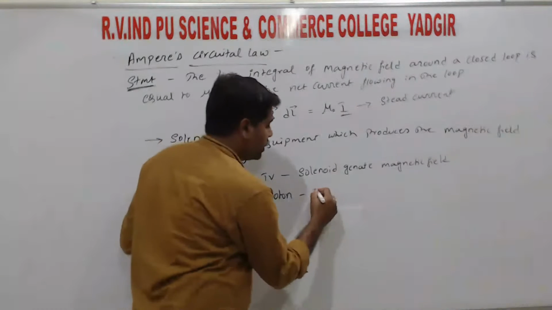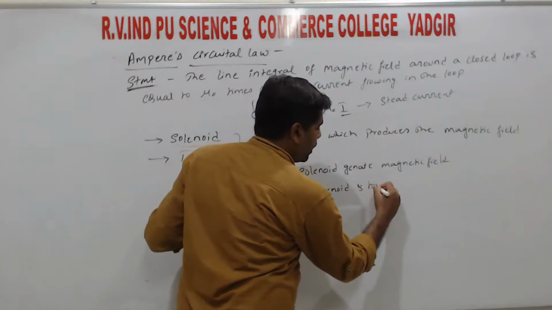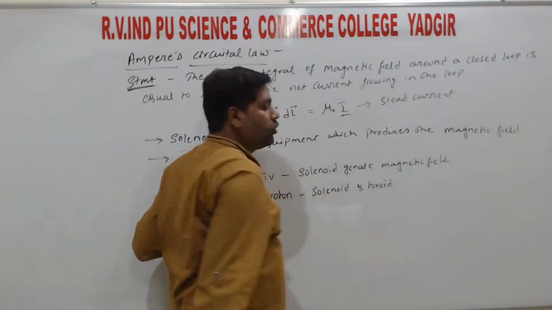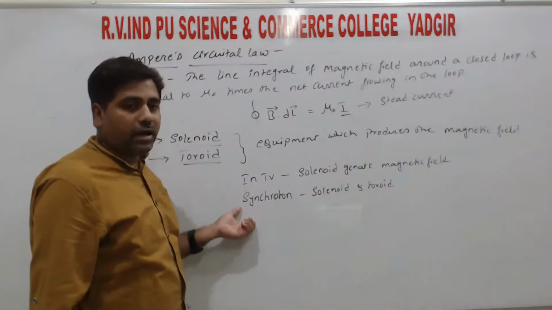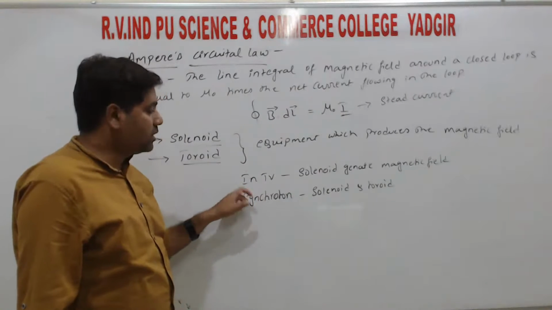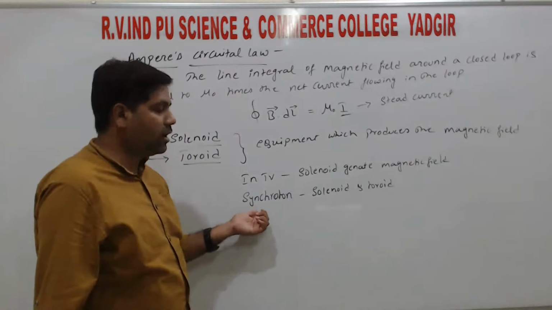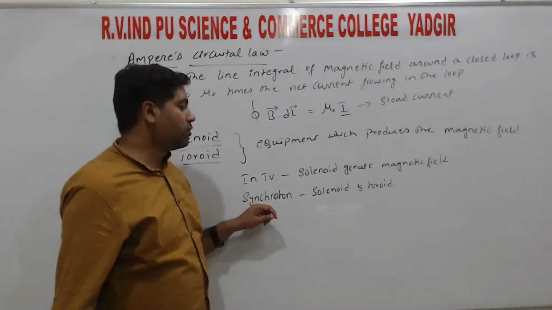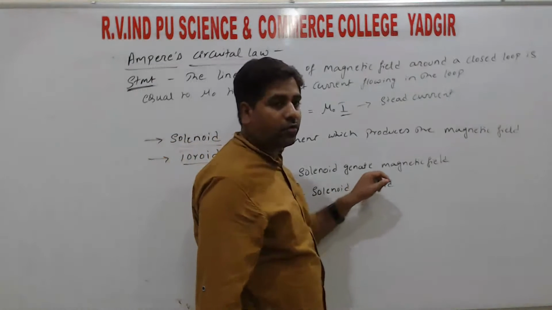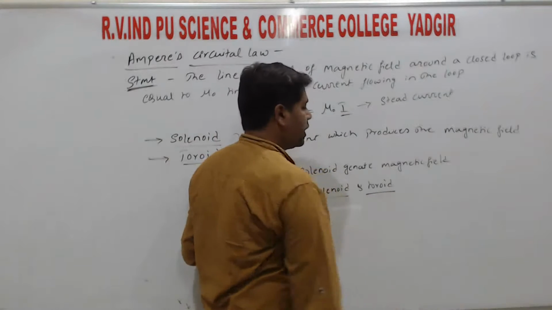Here solenoid and toroid both are used to produce the magnetic field. Cyclotron and synchrotron are all devices, but since they are not in our syllabus, synchrotron has been removed. It was in the syllabus but removed this year, so we are using it just as an example. So synchrotron is used to produce the magnetic field, using the solenoid and toroid.